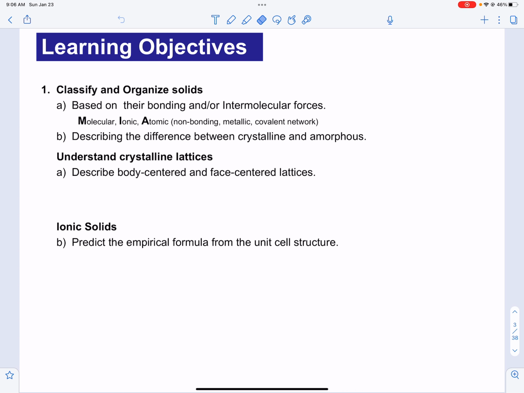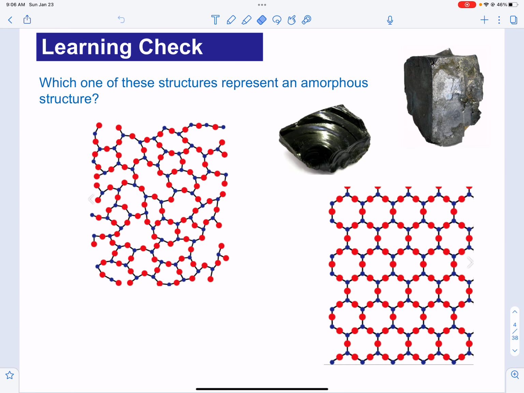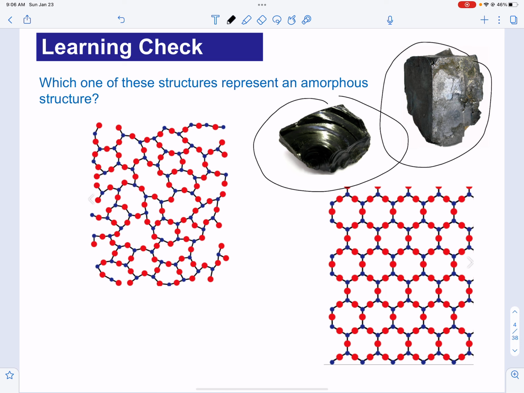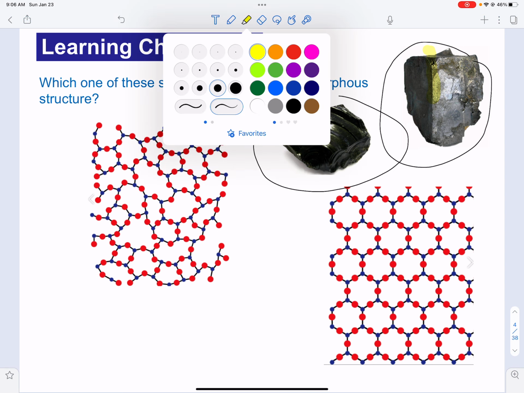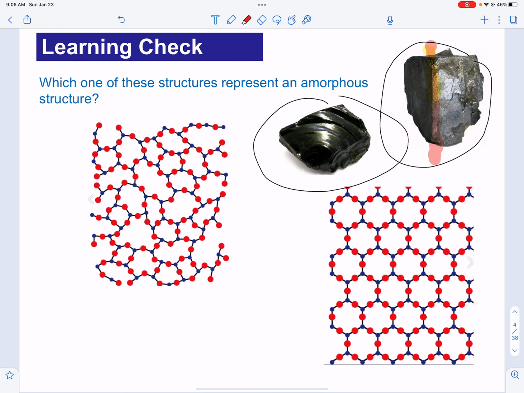So let's begin with some of these problems. So, which of these structures represents an amorphous structure? An amorphous structure means that it doesn't have a very defined structure. If you notice, this one here has a very defined edge, almost like a 90-degree edge.